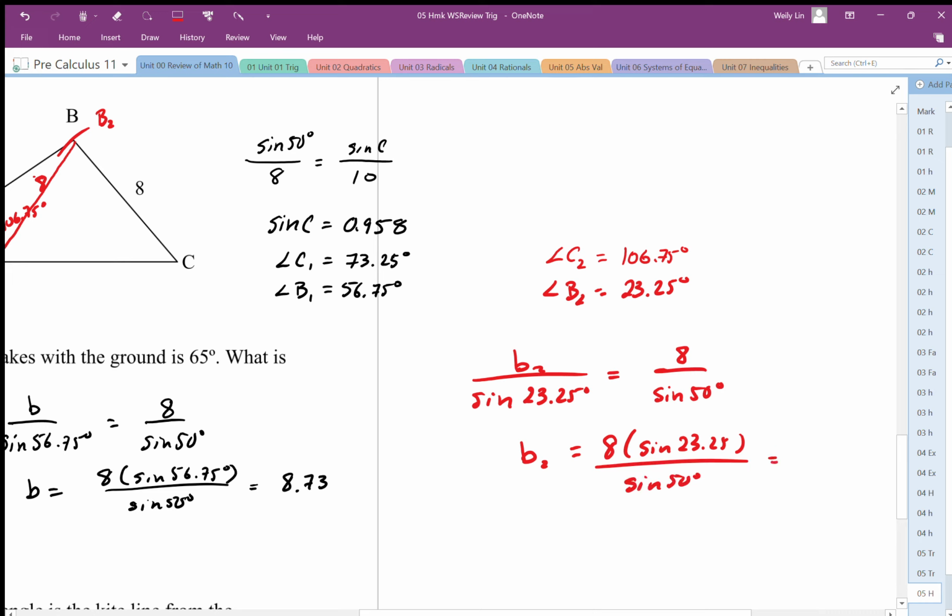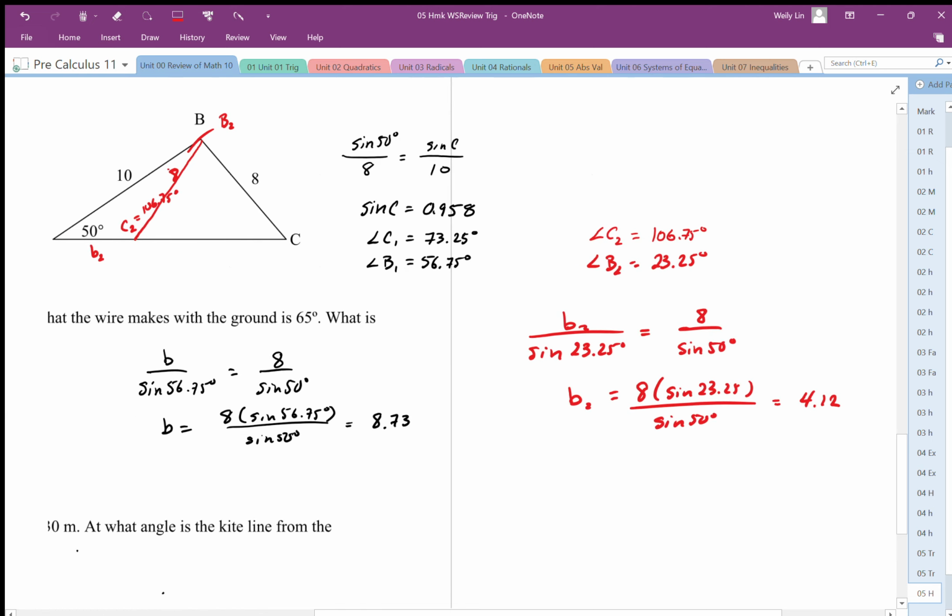Okay, so typing that into my calculator, the sine of 23.25, and I get a B length of 4.12. Okay, so that side length of 4.12 then completes the second triangle.